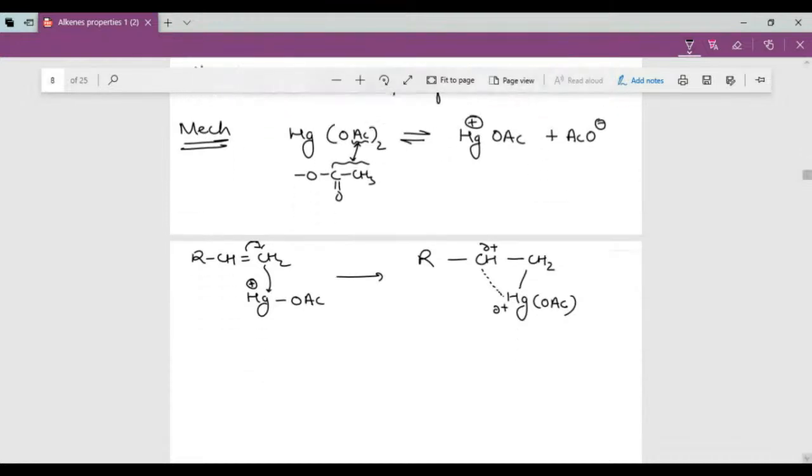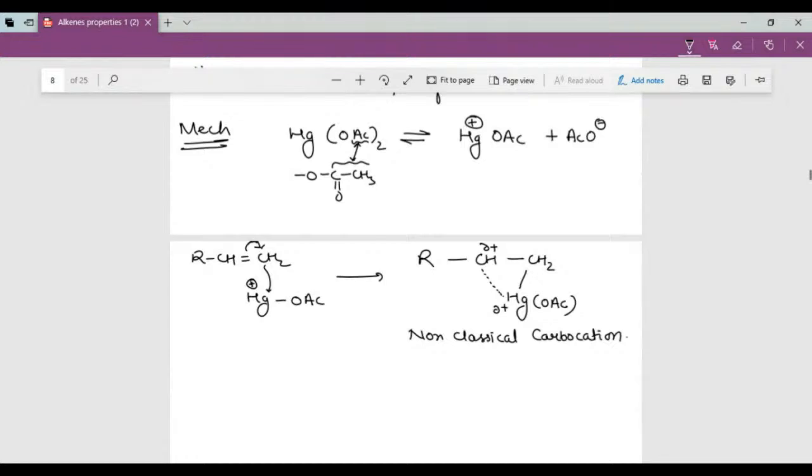Again, an example of a non-classical carbocation, as we yesterday encountered the non-classical halonium ion.